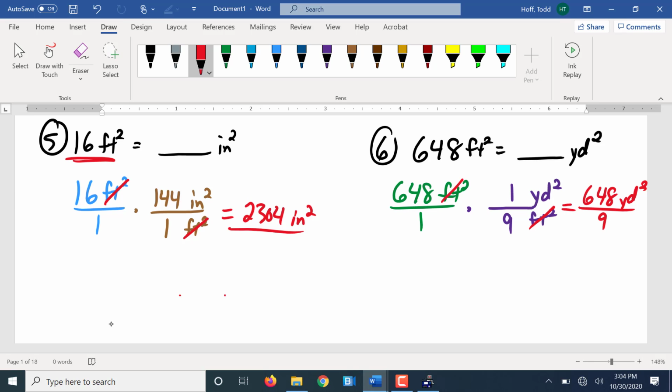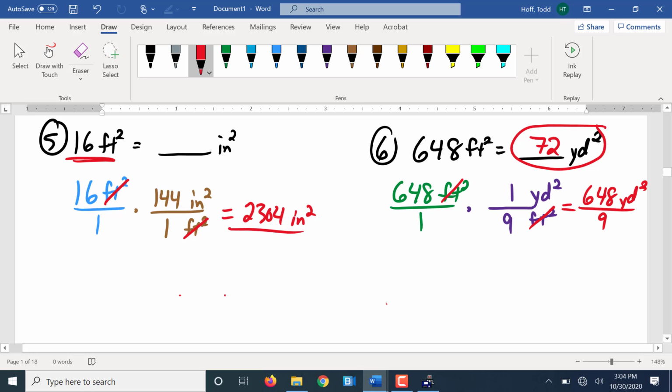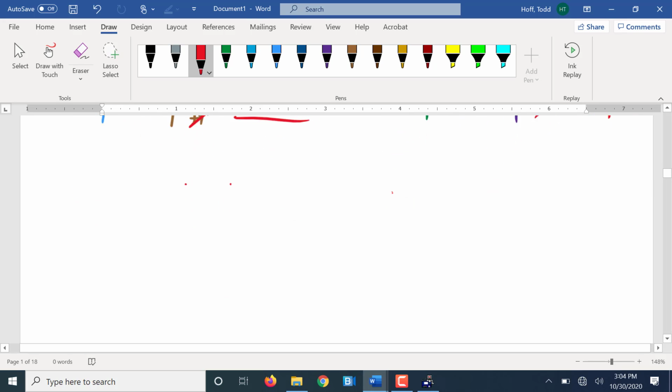What'd you get? Yeah, for number 6, I got 72 for this one, but number 6 is a smaller number, so.